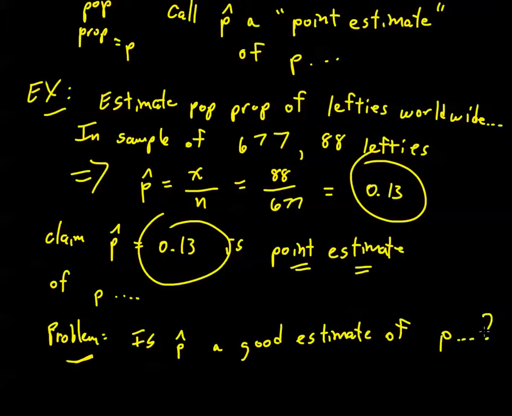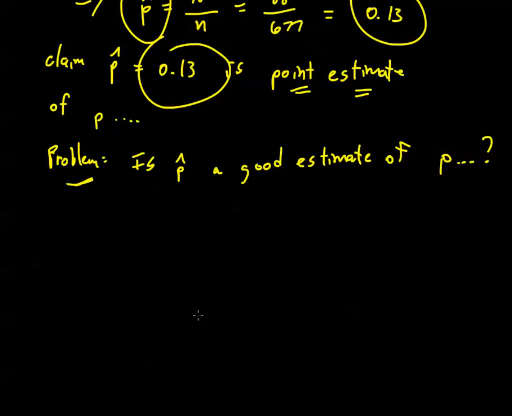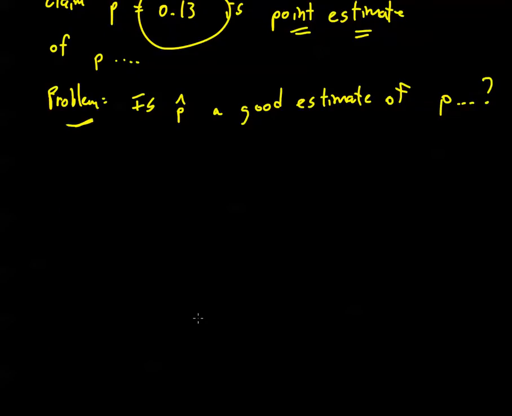Because p hat depends on sample information, and by definition it's a sample proportion, the sample may be a good indicator of the characteristic worldwide. It may not be a good indicator or estimator of the characteristic worldwide. Perhaps p hat is a good estimate of p. Perhaps there's a better way, right?